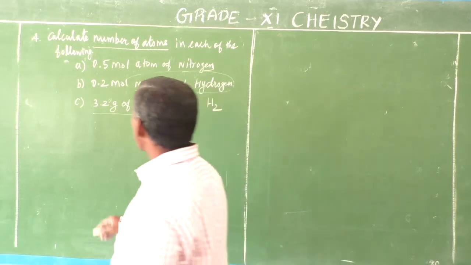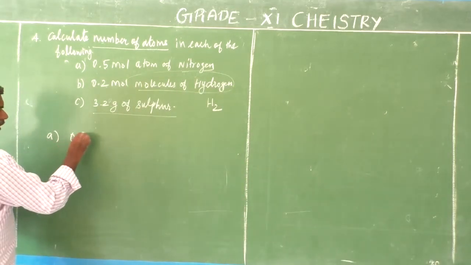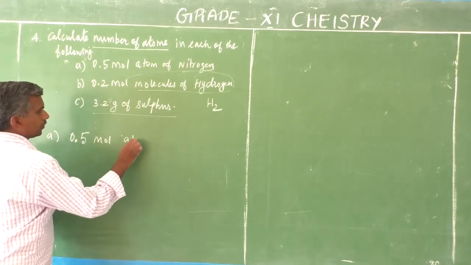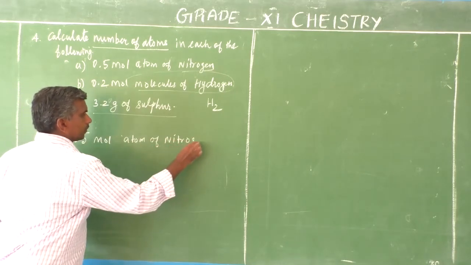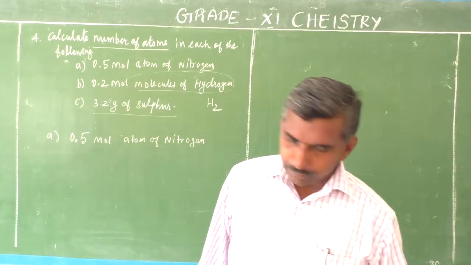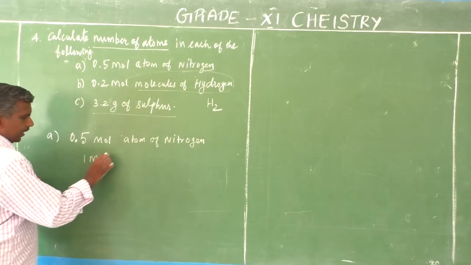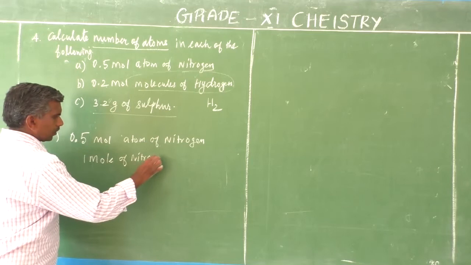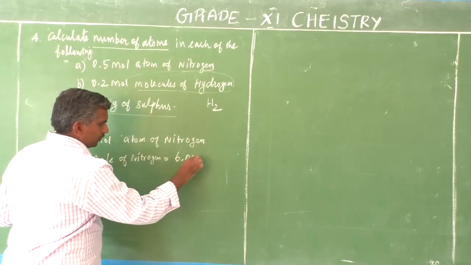First question, 0.5 mole of atom of nitrogen. You know, 1 mole of nitrogen atom is Avogadro number of atoms.